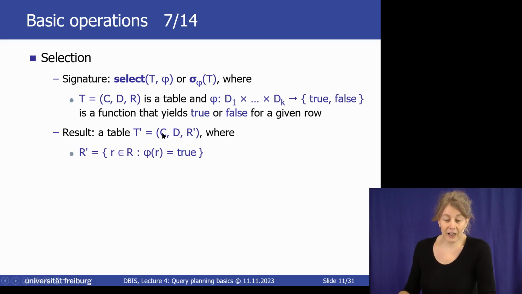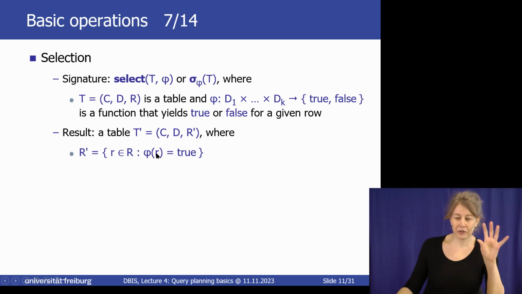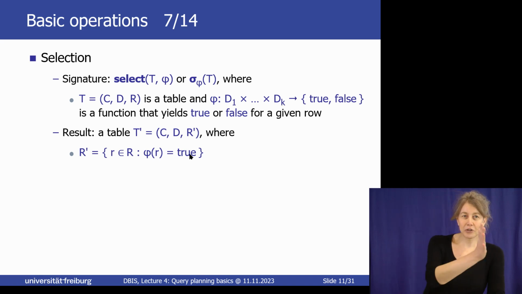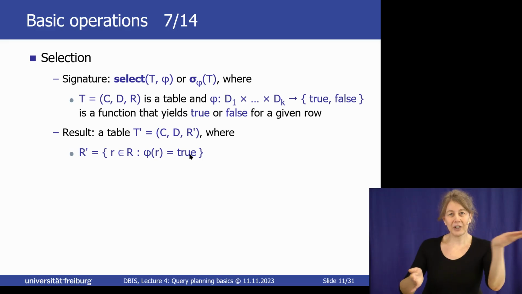And so the result is just a table with the same number of columns, the same domains, but a subset of the rows. And it's just those rows for which the predicate, which is just a function you can evaluate on each row, is true, right? So project is select columns, select is select a subset of the rows.